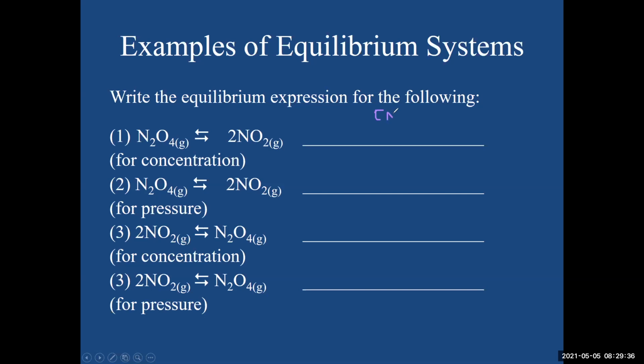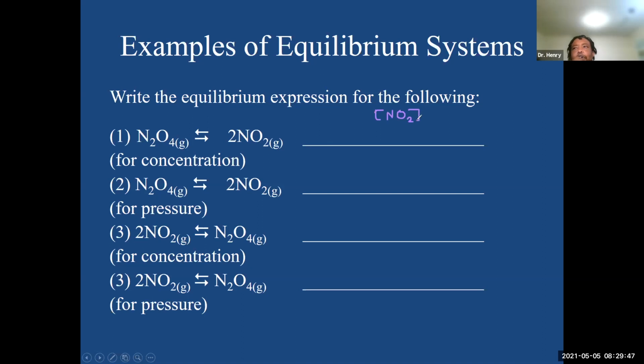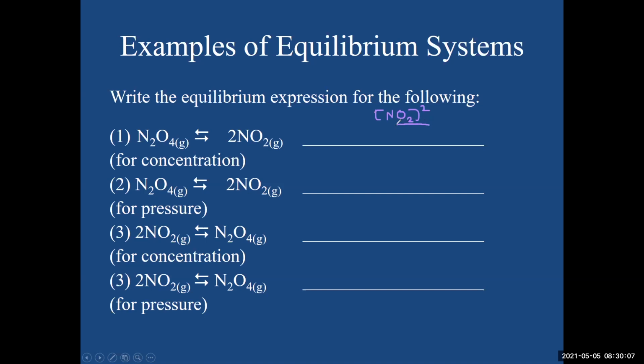I'm not sure. Because we're talking about the concentration, right? So I see what you're asking. You're saying, can I just use the MA plus NB arrows XCYD?